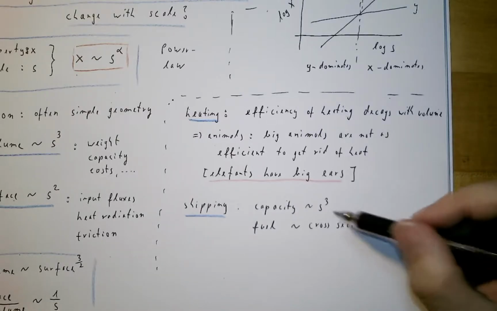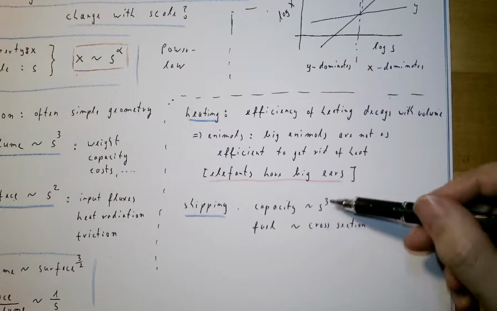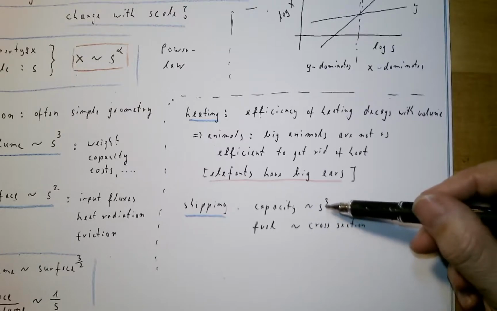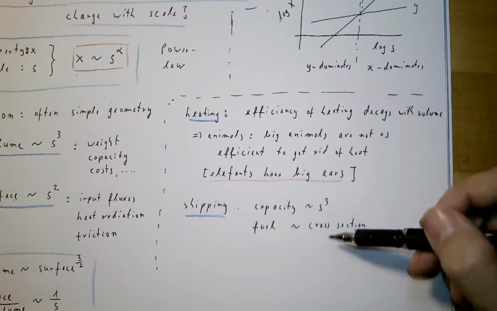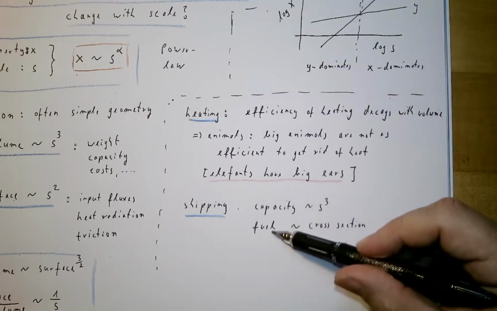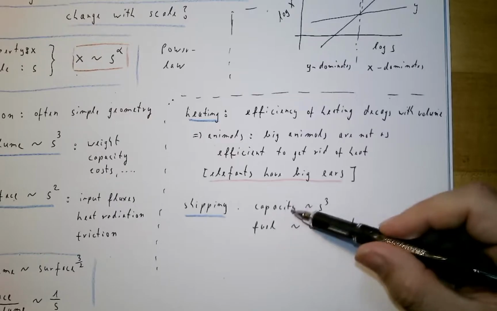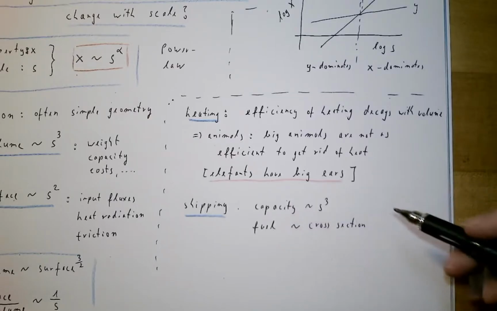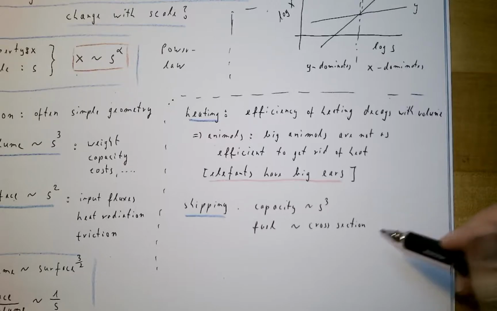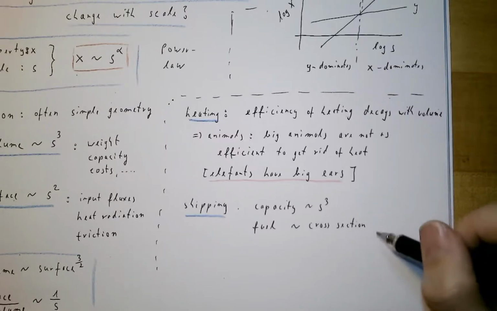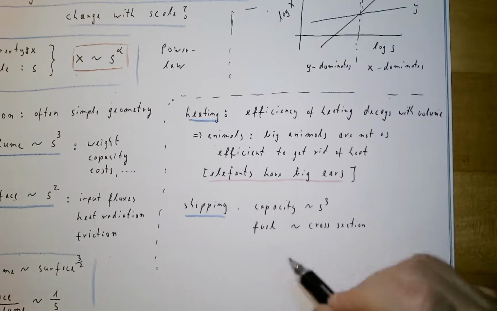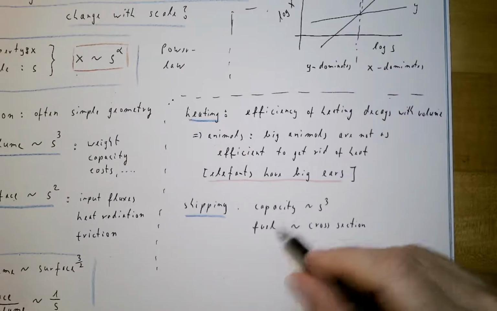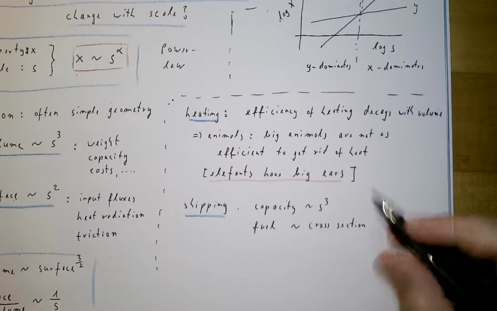And this means if you take the ratio, we need the volume to cross-section ratio. If this is larger, then for the same fuel we get much more capacity transported. And that's the reason why cargo ships get bigger and bigger, because then for the same amount of money, and a lot of money in shipping goes for the fuel, you get more cargo transported.